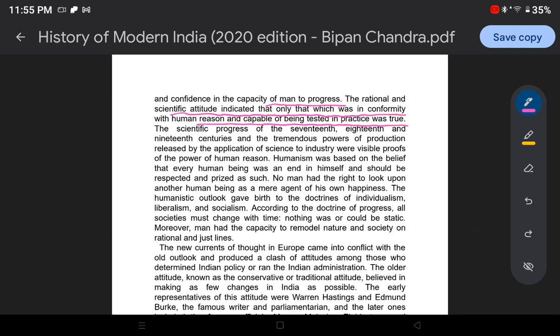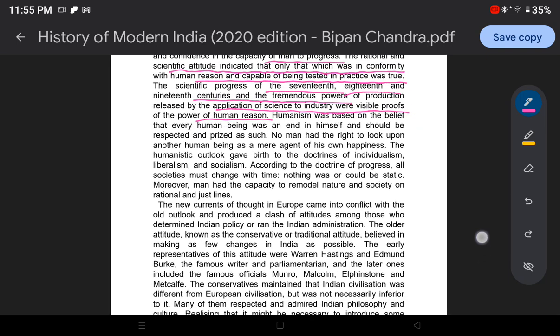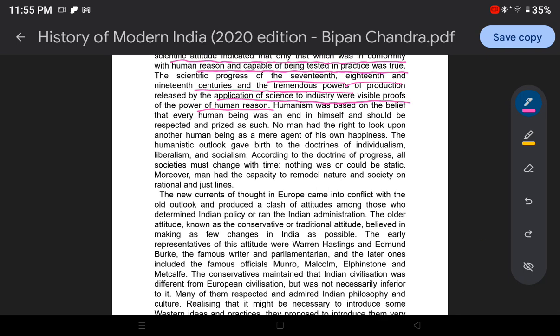The scientific progress of the 17th, 18th, and 19th century and the tremendous powers of production released by the application of science and industry were visible proofs of the power of human reason. Humanism was based on the belief that every human being was an end in himself and should be respected and prized as such.